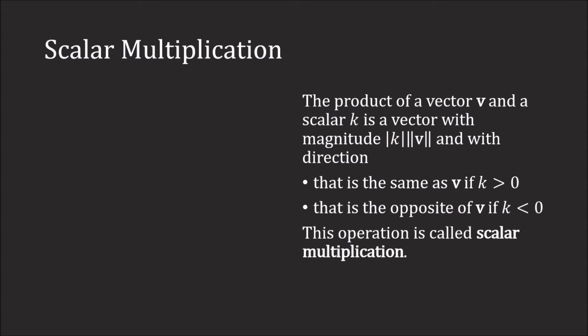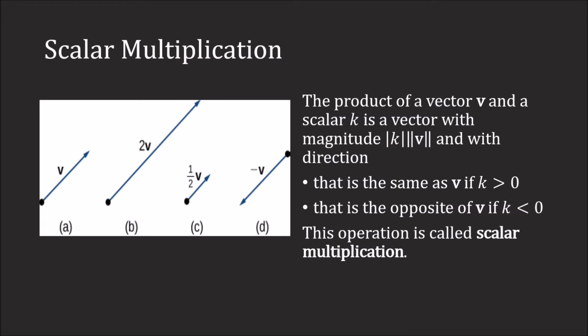As mentioned, this is called scalar multiplication. And graphically, here's how it looks. So this is our vector v. Multiplying it by 2, notice that 2 is positive, so it'll have the same direction. The magnitude just doubles. So this is twice the length of v.